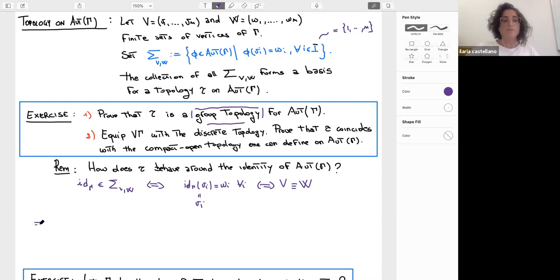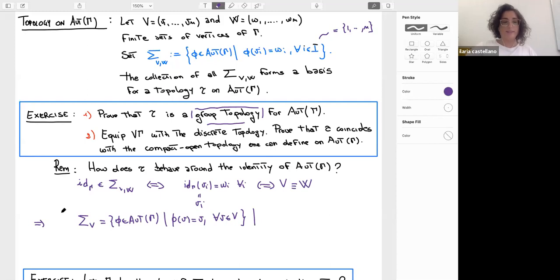In other words, the set sigma V, which is the set of all phi in Aut of gamma such that phi of v is equal to v for all v in V, is a neighborhood of the identity.